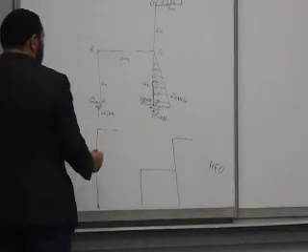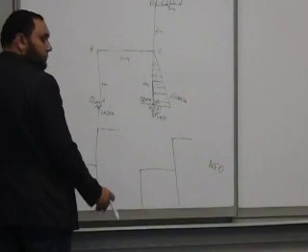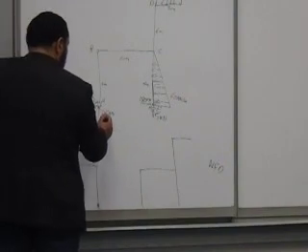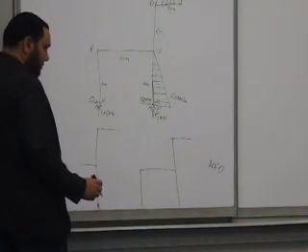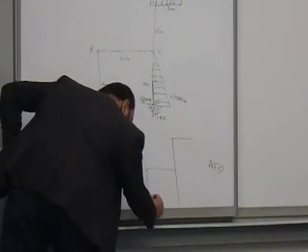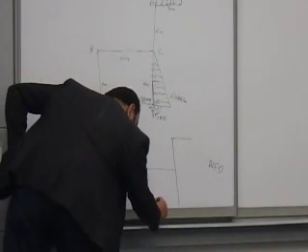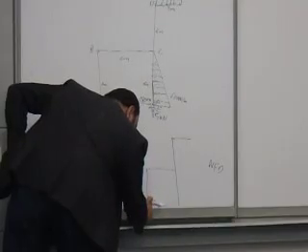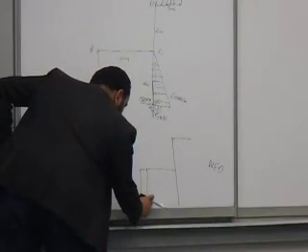If I take a cut anywhere between A and B, what would I see looking down? This 45. So this will be a negative 45 kilonewton. Okay?